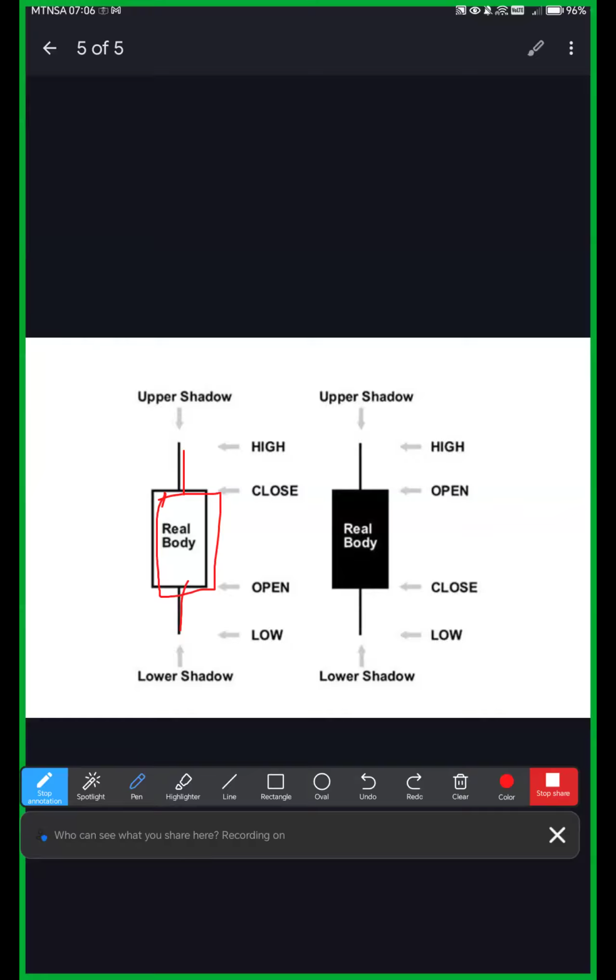So you can see that when the price opened here, it went high up to this level, which we call the high. The body reached this level, but because of selling pressure, when the price reached this level, selling activity started to happen.